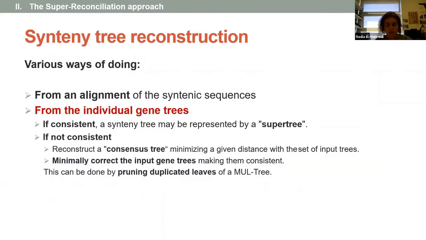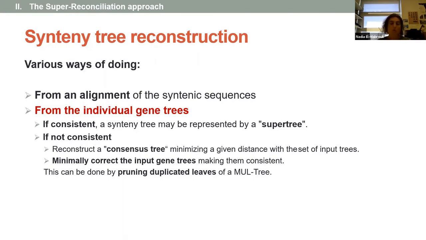So the first challenge: as I was saying, we now don't just need gene trees, we need a synteny tree. So the first challenge is to know how to infer such a synteny tree.